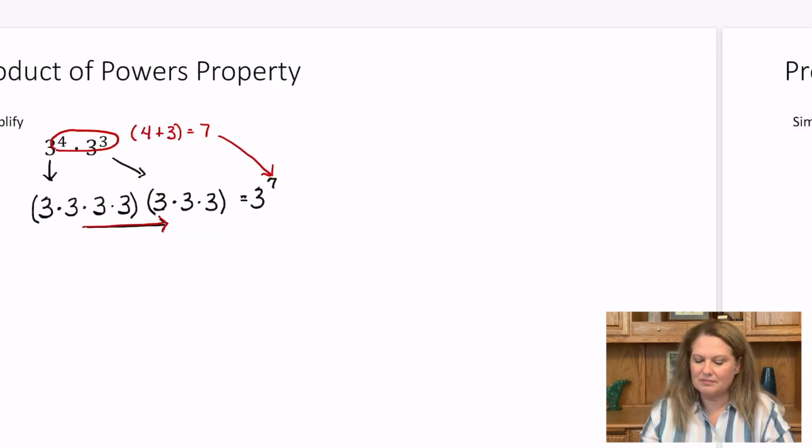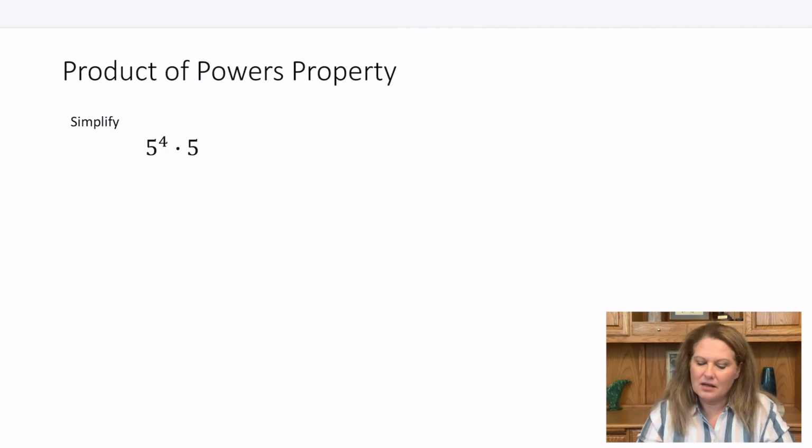Let's try another one. This time I'm going to give you a couple seconds head start. So we're going to continue to use product of powers property, and I want you to simplify 5 to the 4th times 5. Do you see an issue?